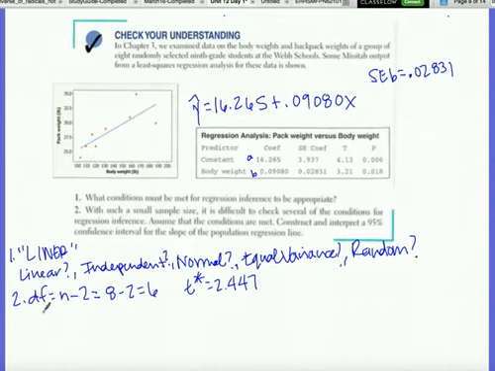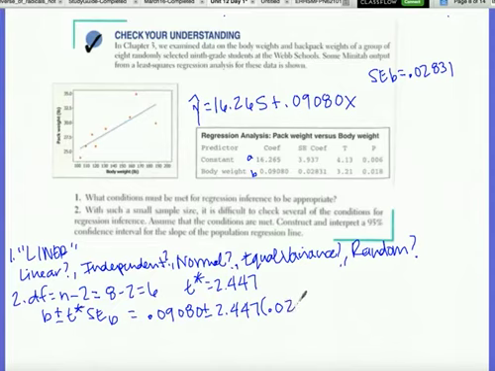So then we're going to have to use our formula, b plus or minus t star times the standard error of b, which in this case would be 0.09080 plus or minus 2.447, excuse me, times 0.02831.